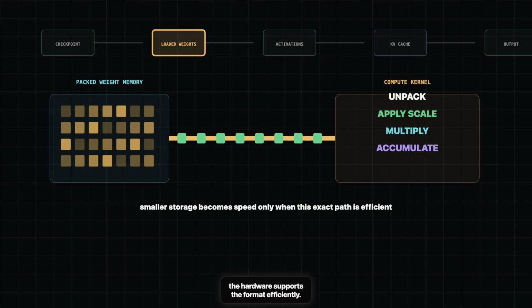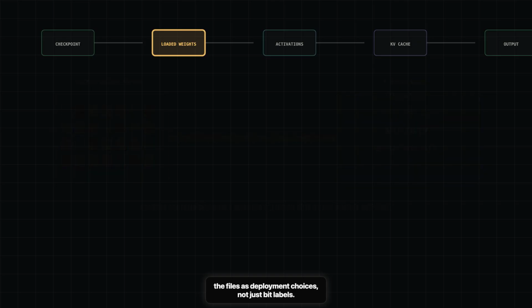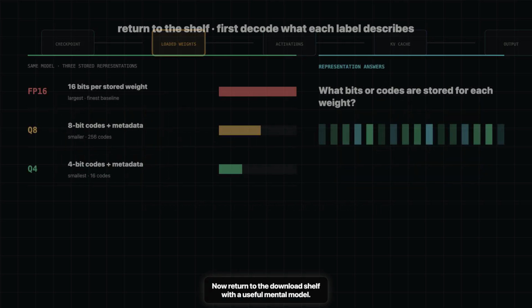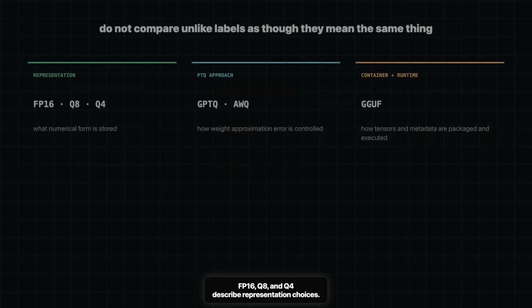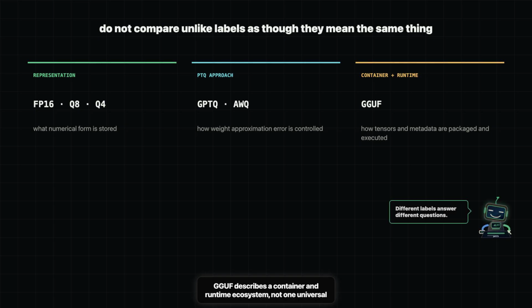With that context, you can return to the download shelf and evaluate the files as deployment choices, not just bit labels. Now return to the download shelf with a useful mental model. FP16, Q8, and Q4 describe representation choices. GPTQ and AWQ describe quantization approaches.